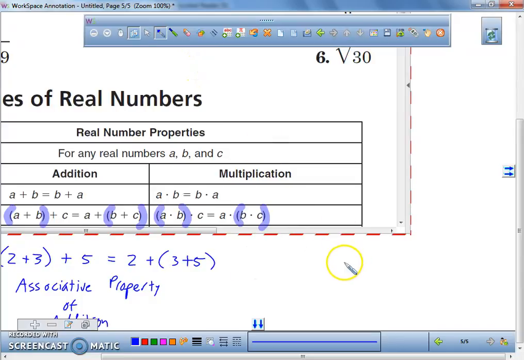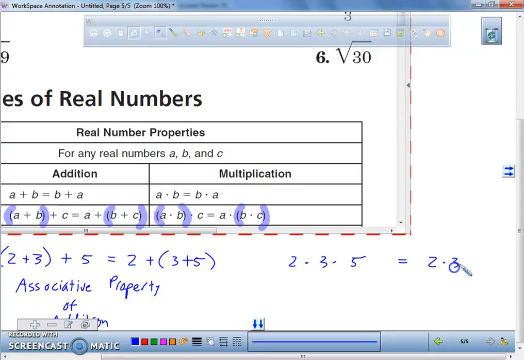So if I use those exact same numbers, the 2 and the 3 and the 5, and I set that equal to 2 times 3 times 5, but the first one, where do I group it? I group it around the 2 and the 3, and the other one, I group it around the 3 and the 5. They're still equal, but I just moved the parentheses. So how would I label that?